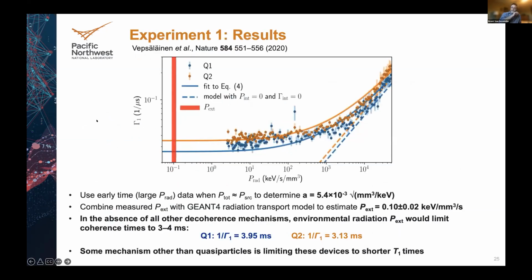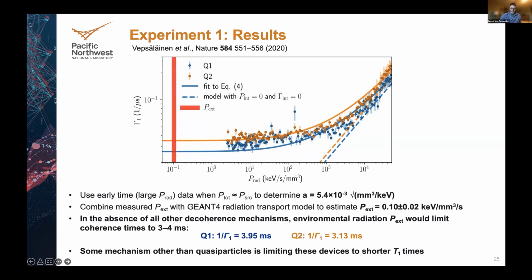Putting that all together, we can plot the relaxation rate, 1 over the coherence time, versus the total power into the device. We can use the high power data at the earliest times to get this unknown parameter A and project it back to where it intersects with the modeled natural environmental radiation dose, to arrive at what we think the limiting coherence time due to radiation should be.